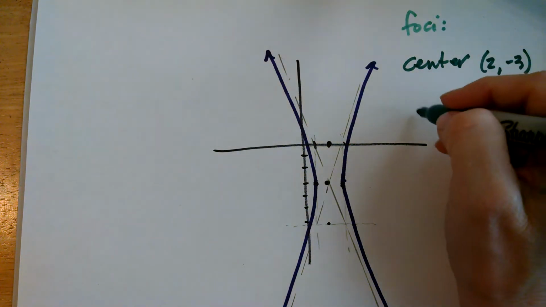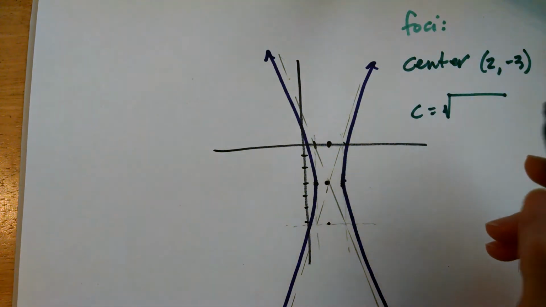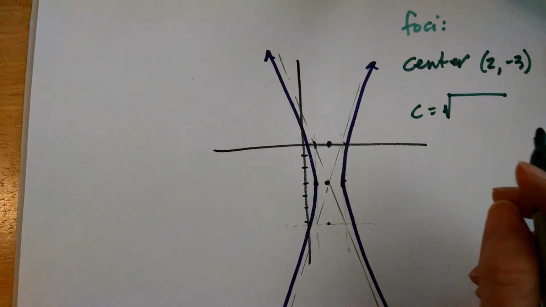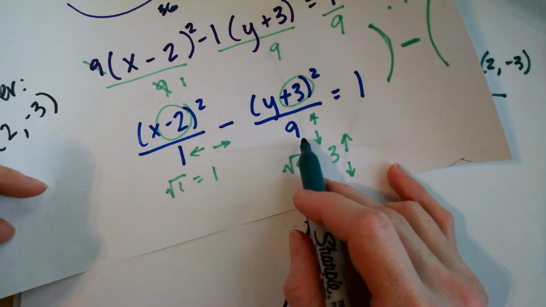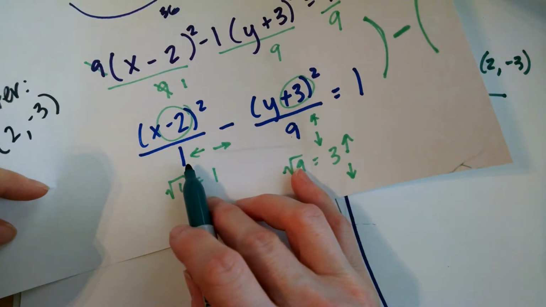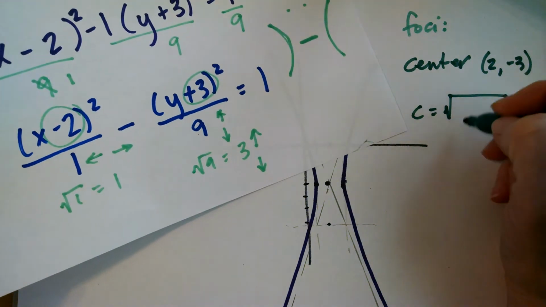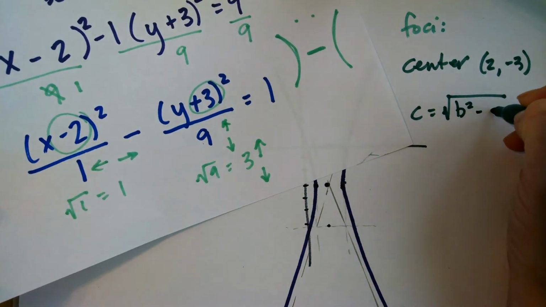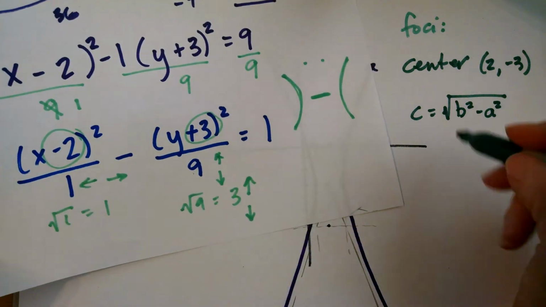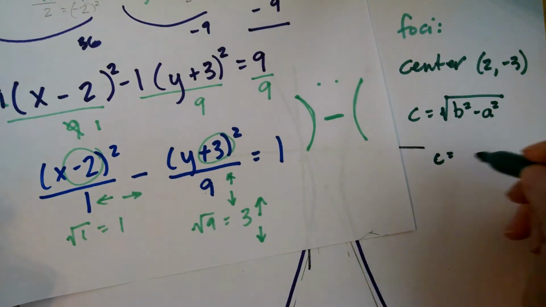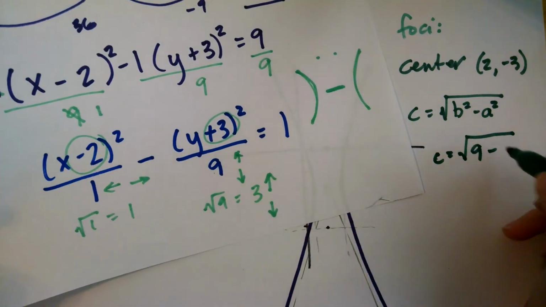Now, to find our foci, we use the formula c equals the square root of our larger denominator minus our smaller denominator. So it's going to be the b squared minus a squared. Our b squared here is the larger one, minus a squared was the 1.